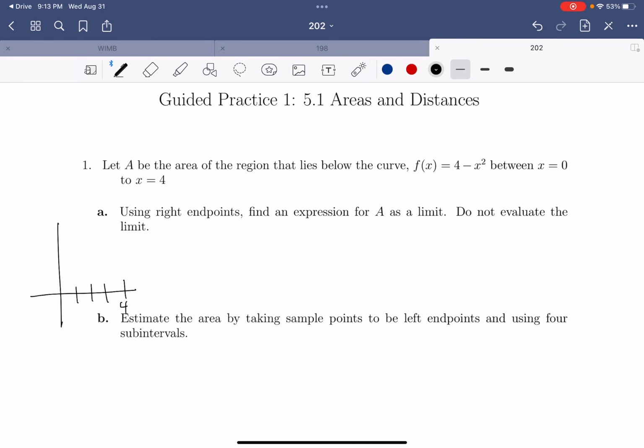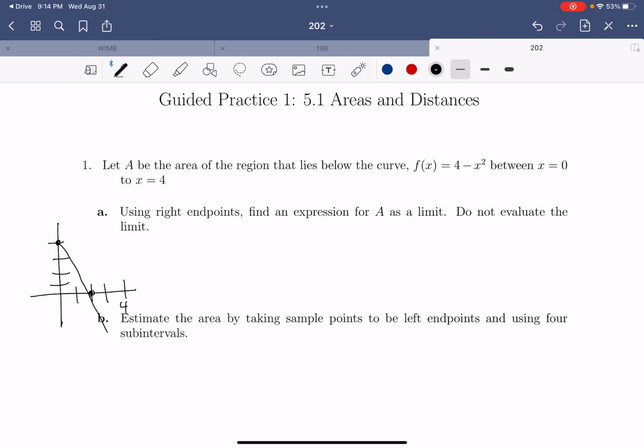And let's see, when I plug in 0 for x, my y value is 4. And let's see, this is a parabola that opens down. So when I plug in 2, I will get 0. So this is a point here.